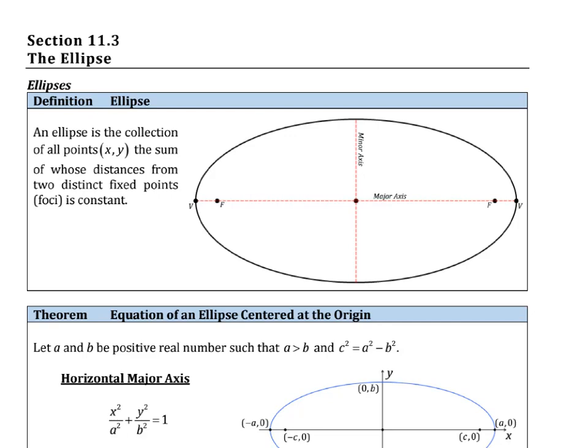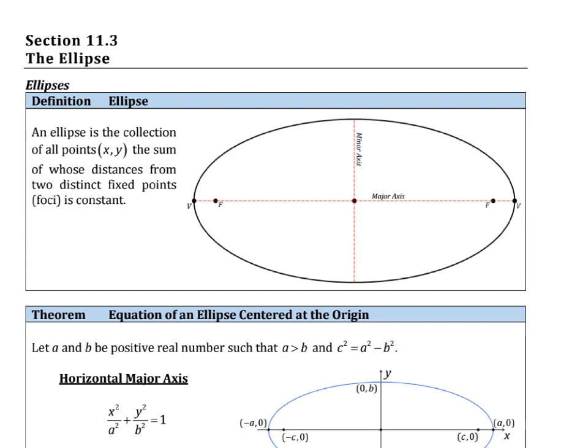So in this video, we take a look at the concept of an ellipse. Now an ellipse is such that if we take the distance from a focus to the point, then to the other focus, that distance will be the same no matter what if I add those two distances together.